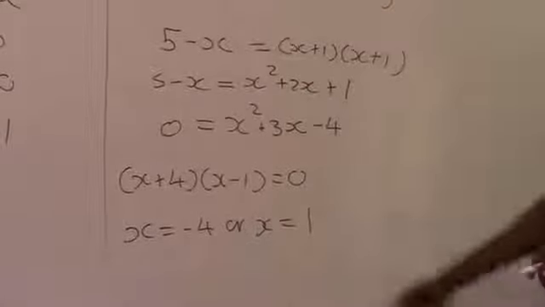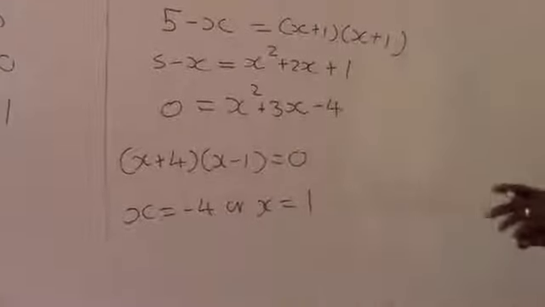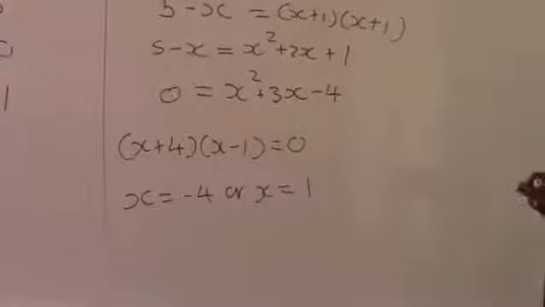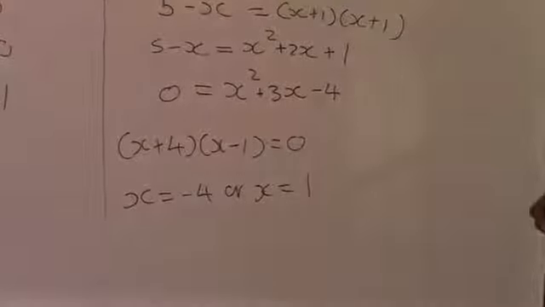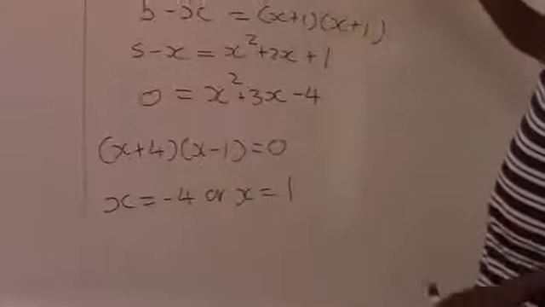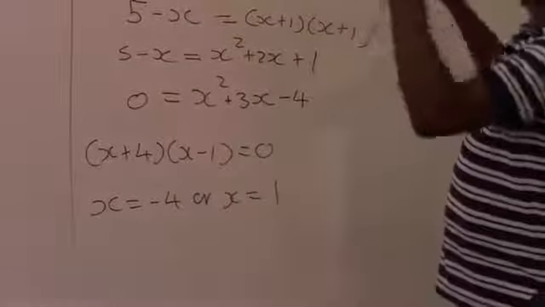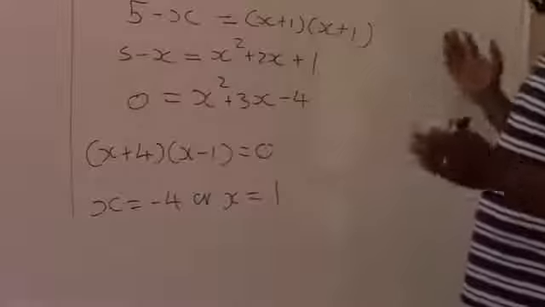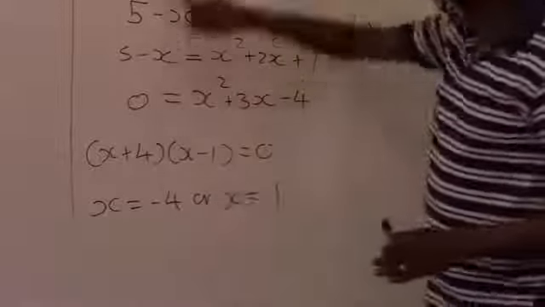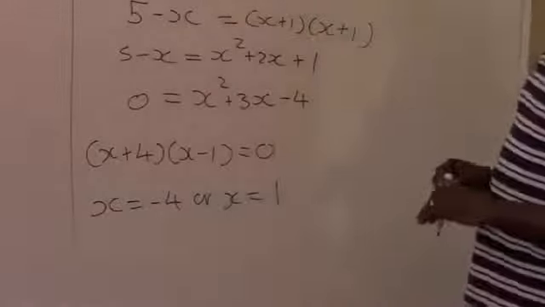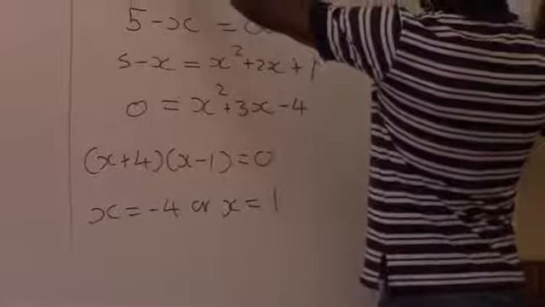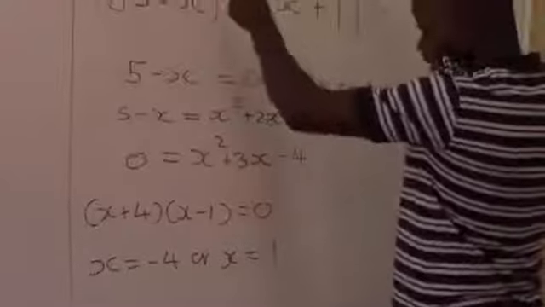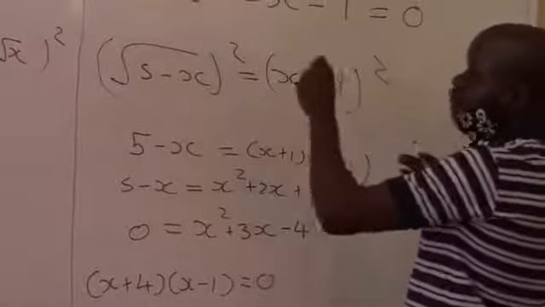Before you conclude which one is the correct one, what we need to do is check which one gives us the left hand side and the right hand side being equal. So we substitute -4 where there's x. Here it's 5 minus, open bracket, -4, which is 5 plus 4, which is 9.